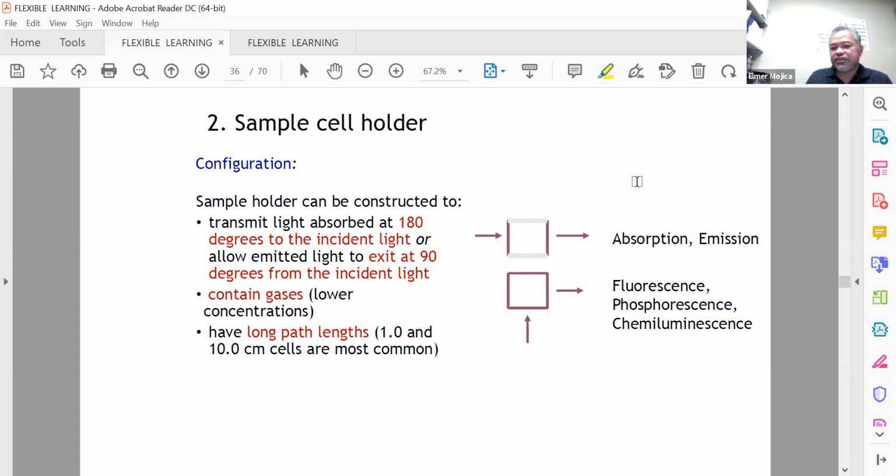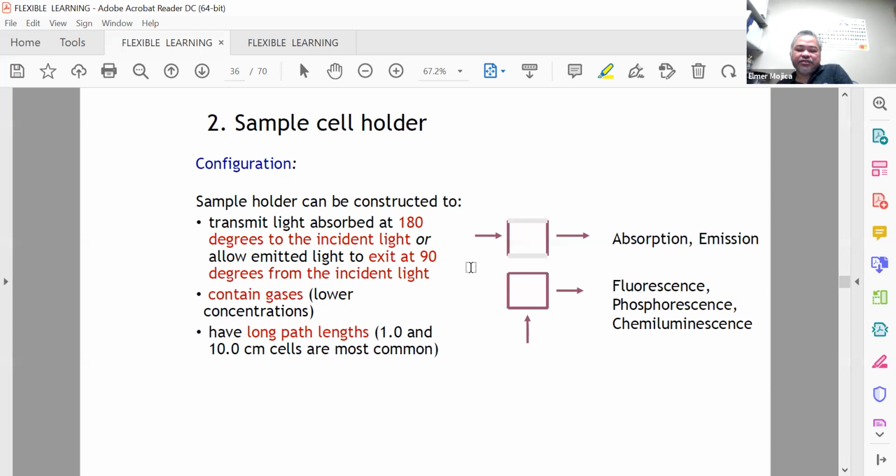Now, if you're going to look at the configuration, the sample holder can be constructed to transmit light absorbed at 180 degrees to the incident light or allow emitted light to exit at 90 degrees from the incident light.